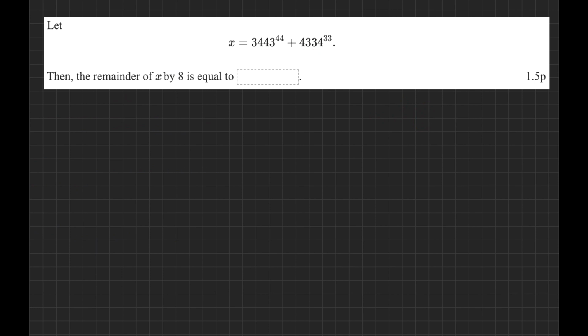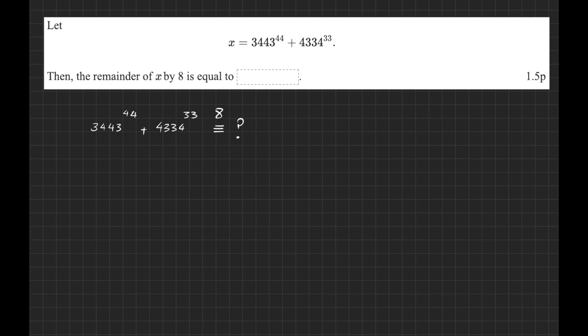Okay, so what we do, we actually write 3 to the power of 44 plus 4 to the power of 33. My goal is to simplify this modulo 8. But I told you before that if you have a number in the base which is higher than the modulus, you can always simplify those numbers.